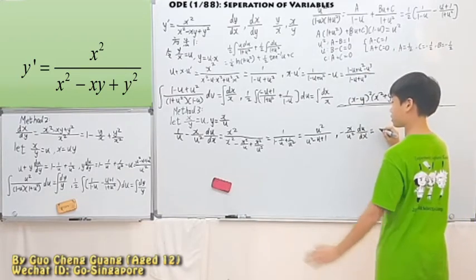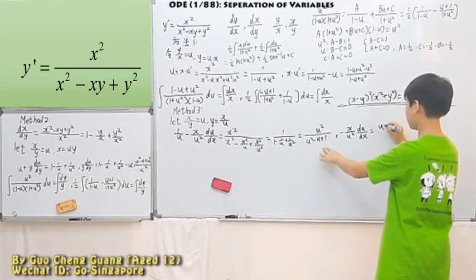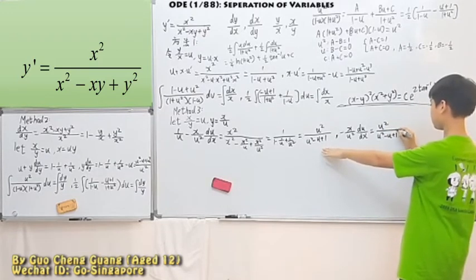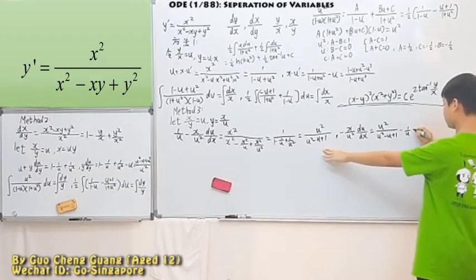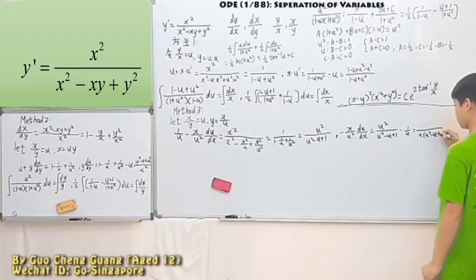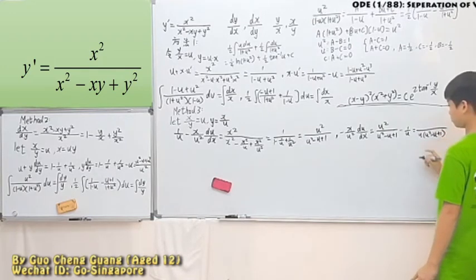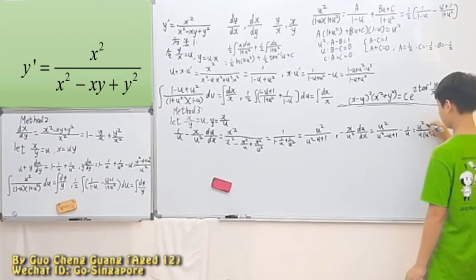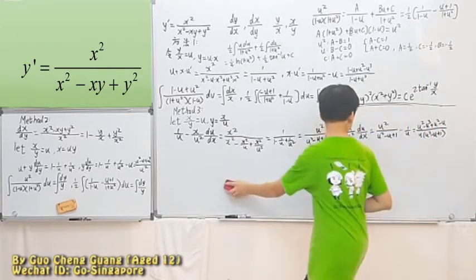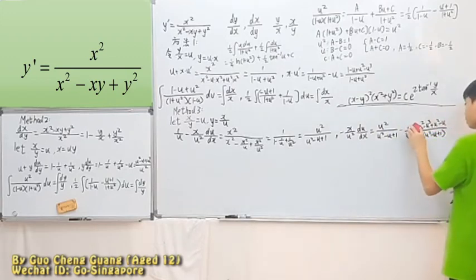But this part is getting a little bit more hard. Then you get 2 of these u squared.